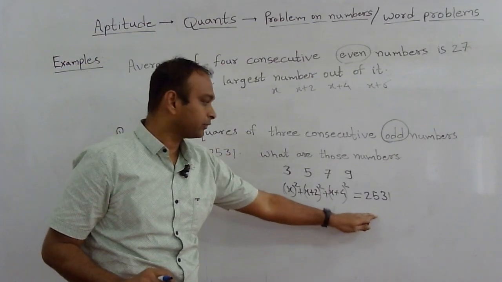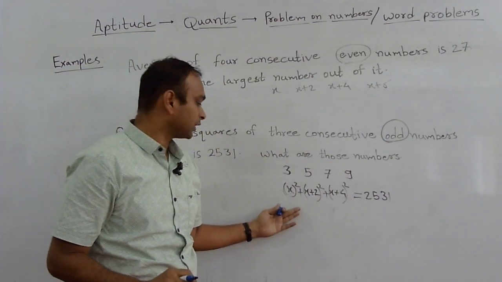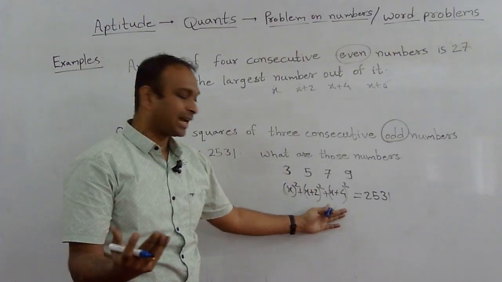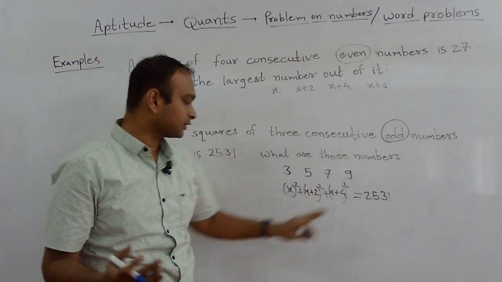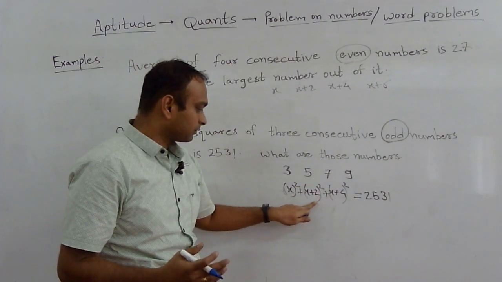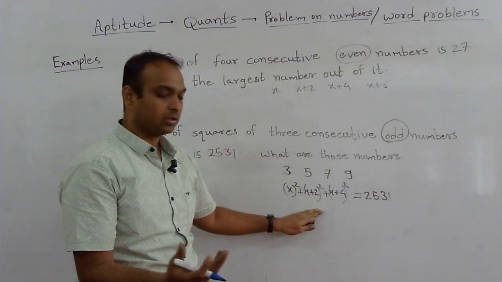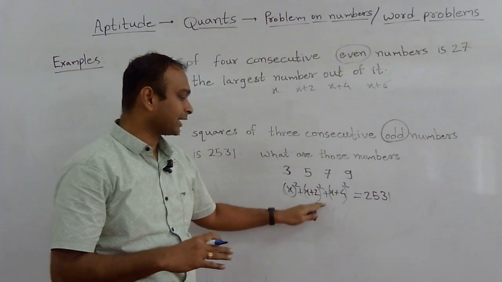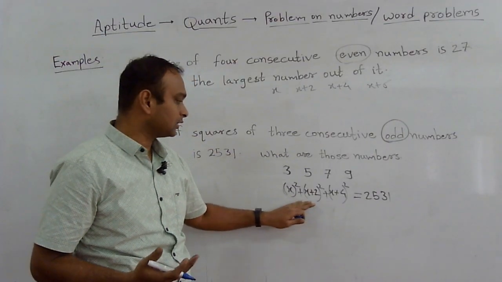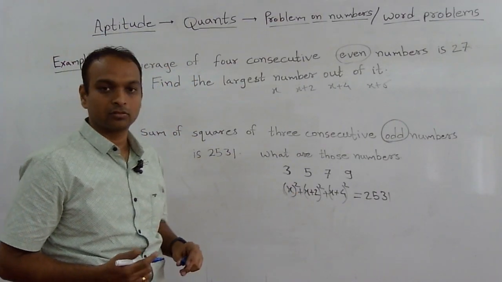So you got the equation. If you have options, you can put one option here and go by the trial and error method. If you don't have the options, you can expand this, and then you will get an equation, find out the factors, and you will get the value of x. This is how you can solve this question.